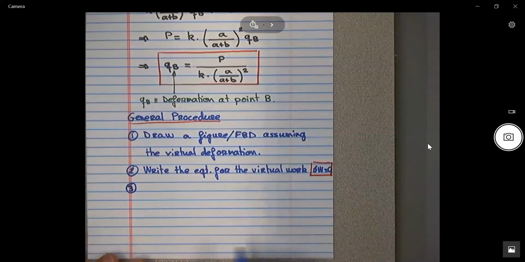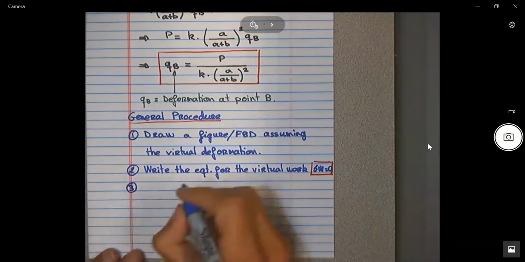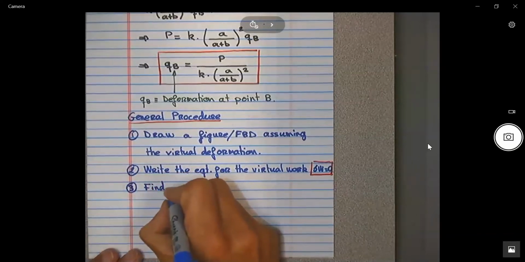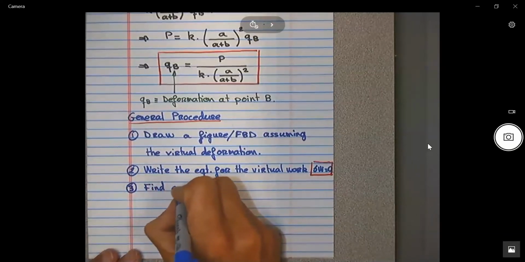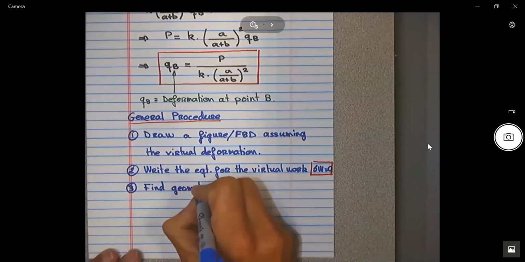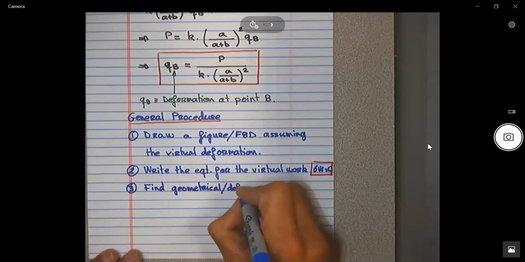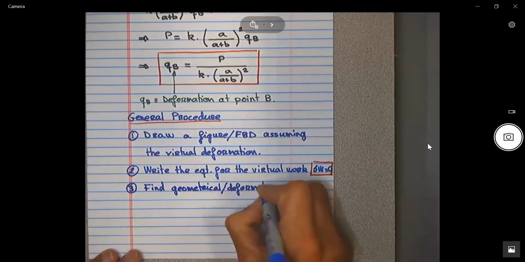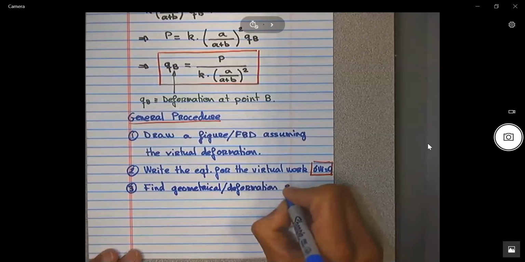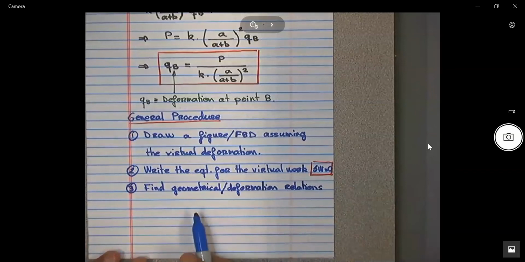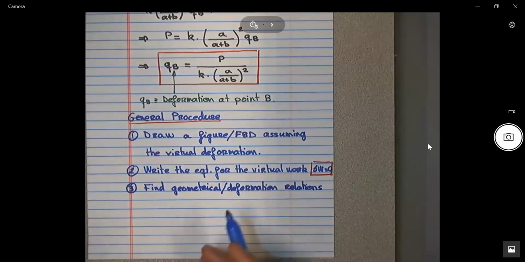So we find, let's say, geometrical deformation relations. In textbooks, generally they're called geometrical, but I like to call them really deformation relations because they come from the deformation, okay? Or from the geometry of the deformation.